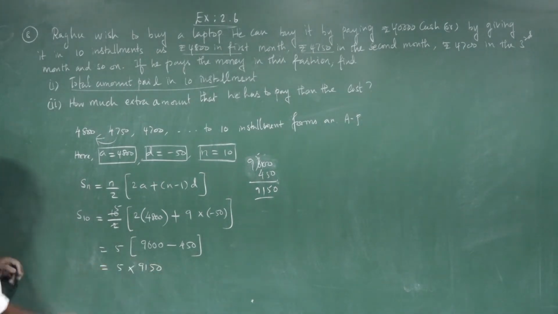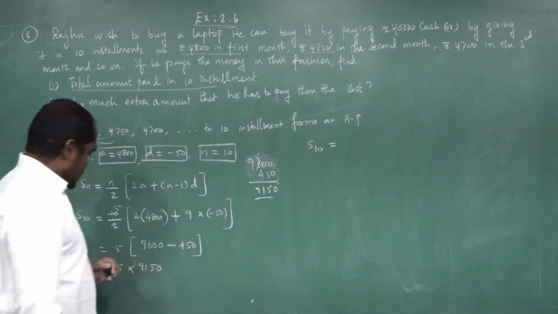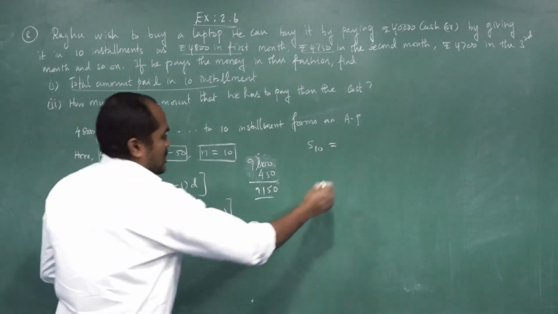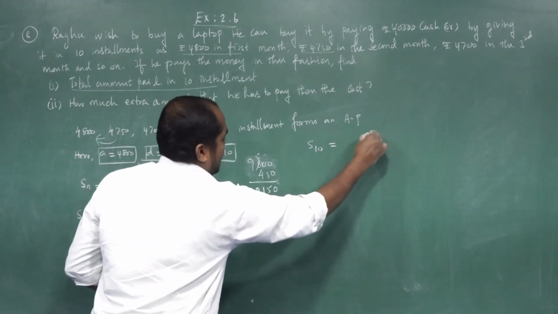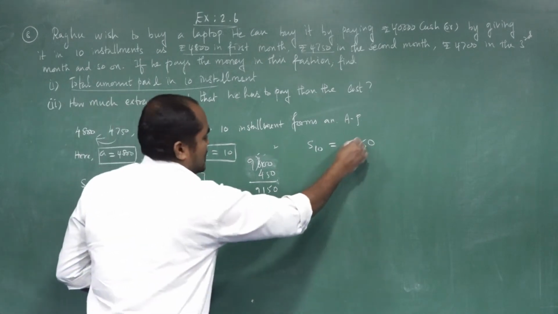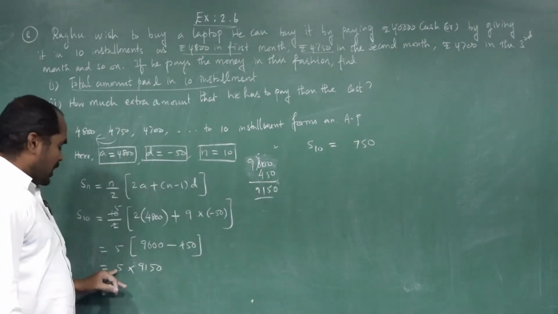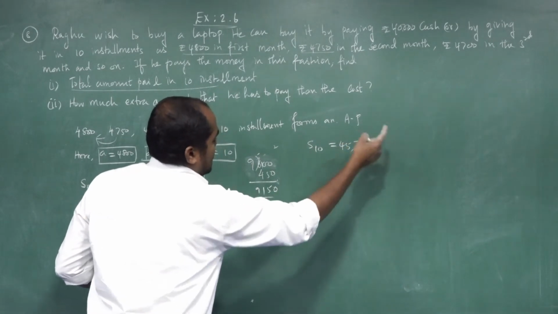So 5 times 9,150 we get the final result. That is S10 is equal to 5 into 0 is 0, 5 5s are 25, remaining 2, 5 1s are 5 plus 2 is 7, 5 9s are 45. So 45,750.